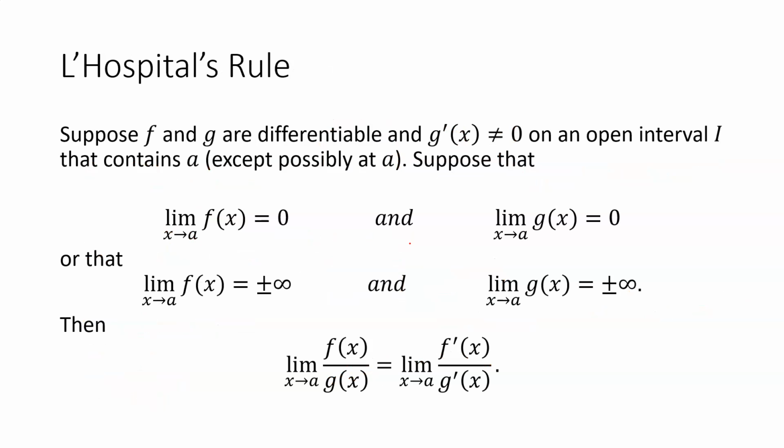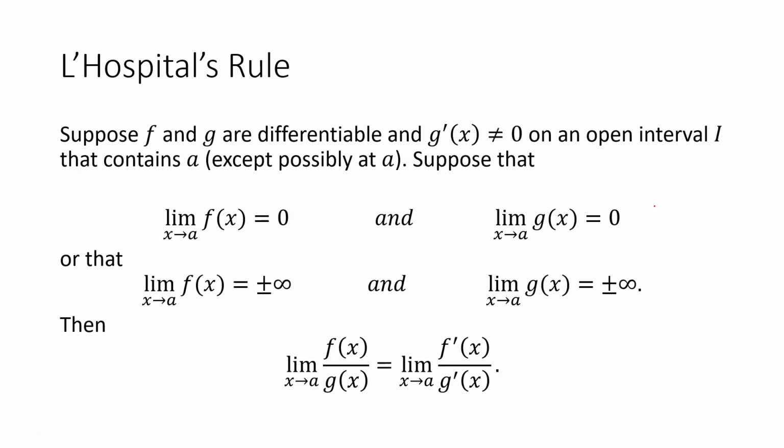Let's read what L'Hôpital's rule says. Suppose f and g are differentiable, and g prime of x is not 0 on some open interval I that contains a, except possibly at a. Moreover, suppose that the limit as x approaches a of f of x is equal to 0, and the limit as x approaches a of g of x is also equal to 0.